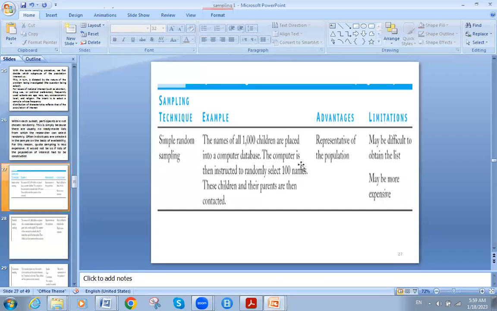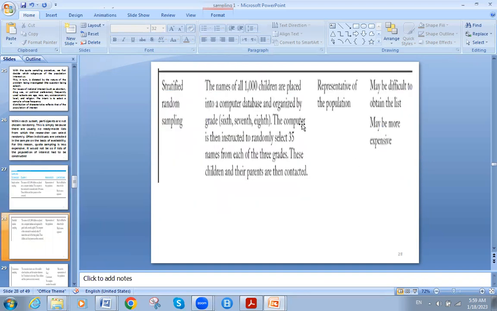So the computer will choose 100 names from them. These children and their parents will be contacted. The advantages, it represents the population, but the problem is that it's very difficult to have the whole list and it might be expensive.